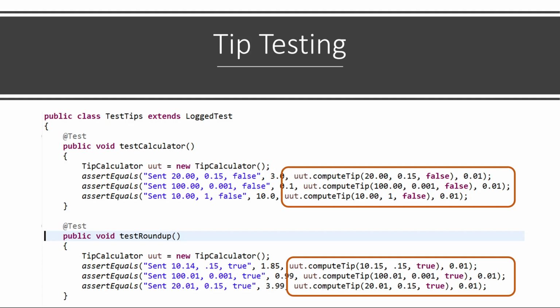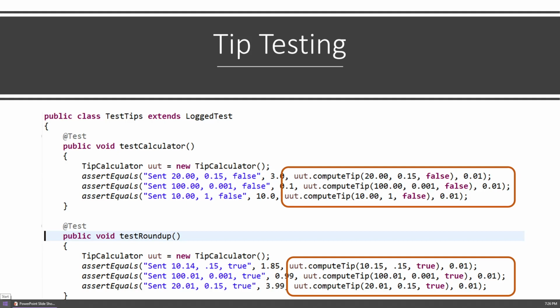But the point of this is not the design of the calculator per se and the method, but the design of the test. I absolutely want to separate out these 2 tests because they're 2 very different concepts, and it keeps everything simple and easy.